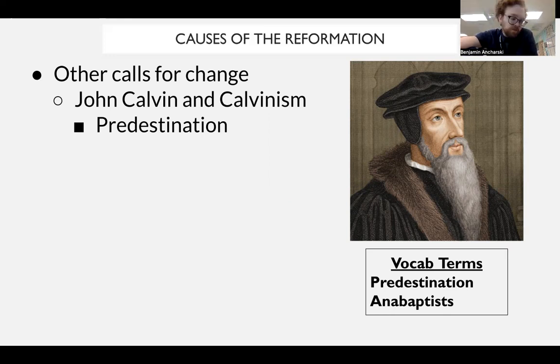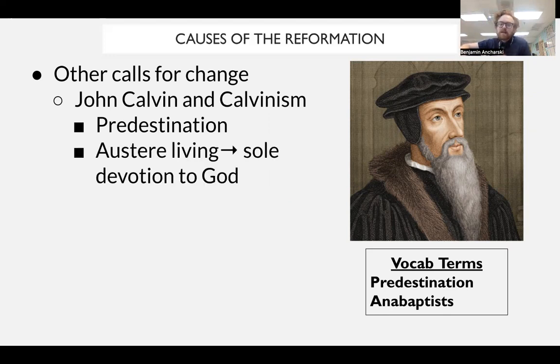So there's this idea of predestination. However, how do you make sure that you're a part of the saved? How do you prove that you're a part of the people going to heaven? Well, you need to live a life that is in accordance with the Bible. So we do see that Calvinists oftentimes live very simplistic, austere living conditions.